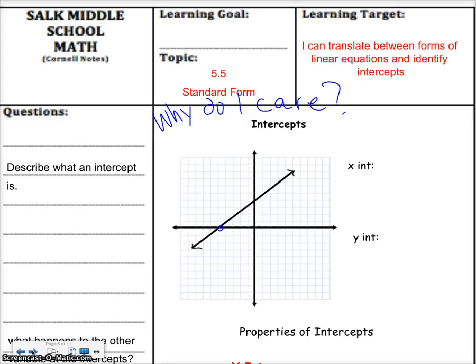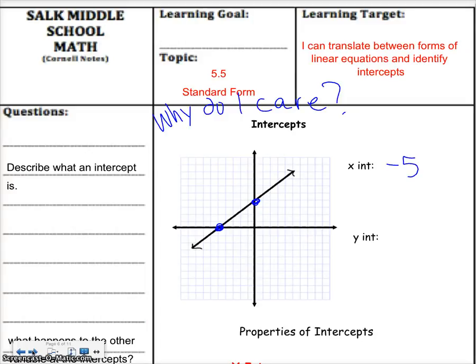So I want you to be able to identify intercepts. I want you to make a dot where this line crosses both axes. So this line crosses the x-axis at 1, 2, 3, 4, approximately -5. I intercepted the x-axis at -5.